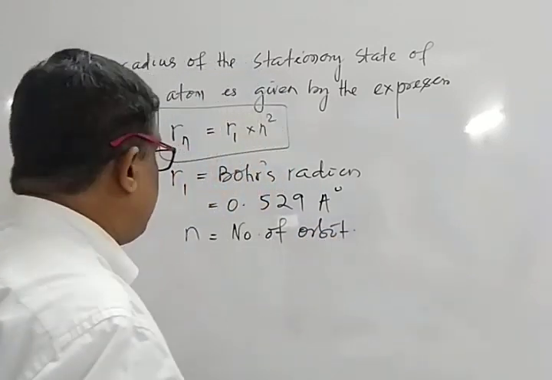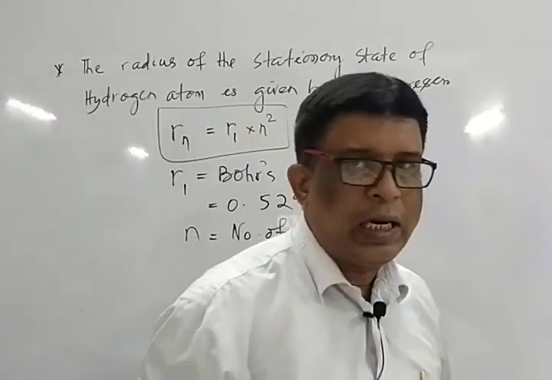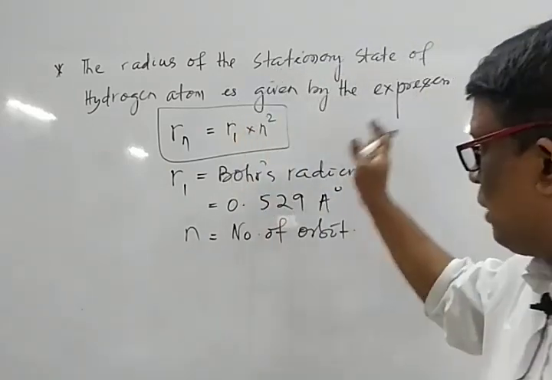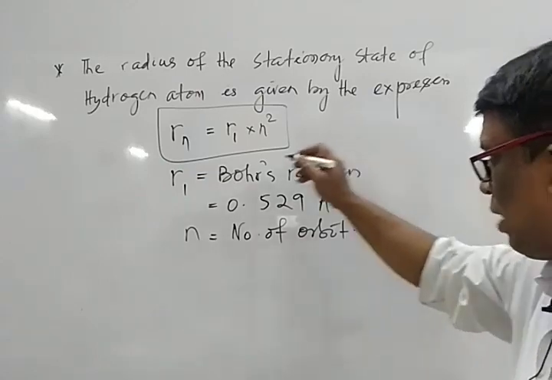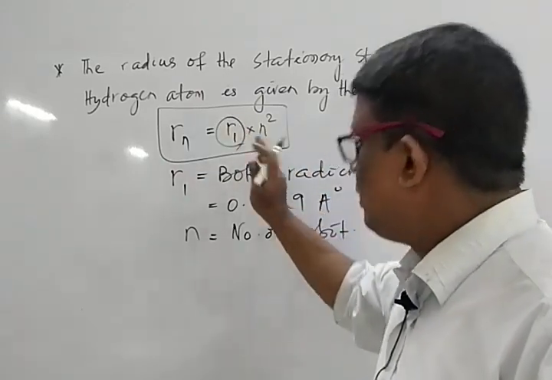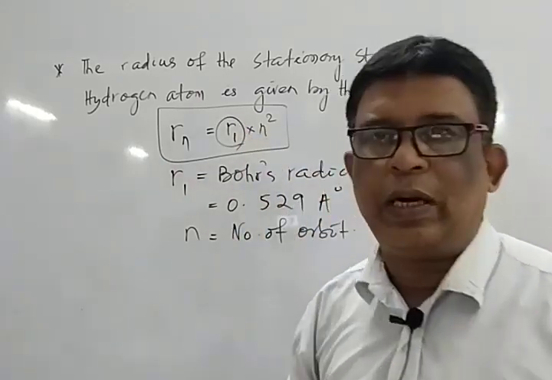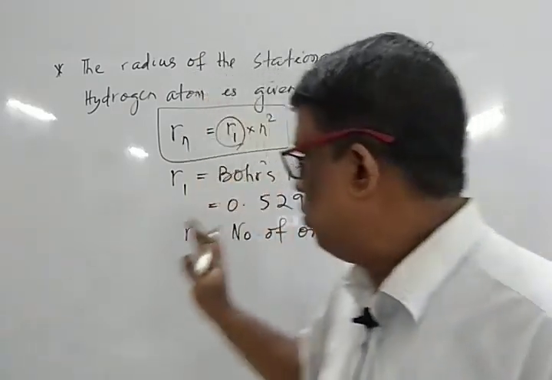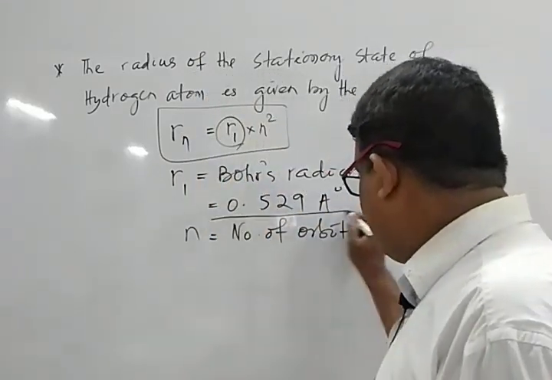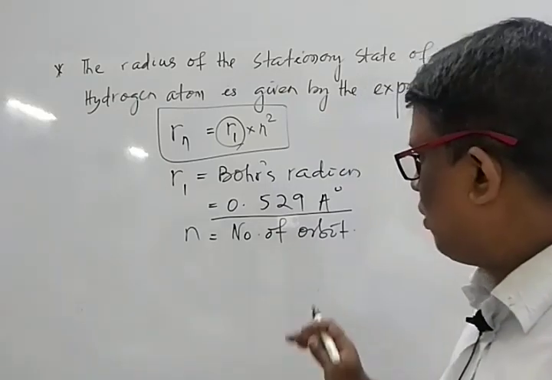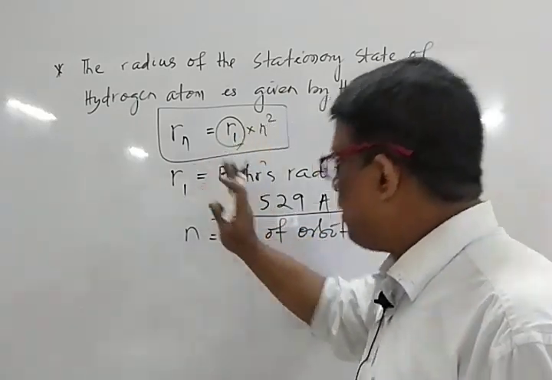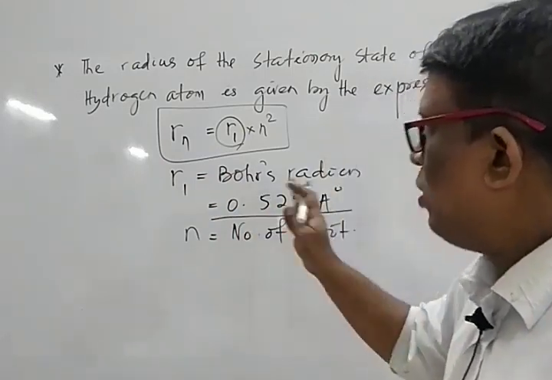That is, the radius of the stationary state of hydrogen atom is given by the expression Rn equal to R1 into n square, where R1 is the radius of the first orbit, known as Bohr's orbit, whose value is 0.529 angstrom, and n is the number of orbit. It is the expression for calculating the radius for the hydrogen atom.